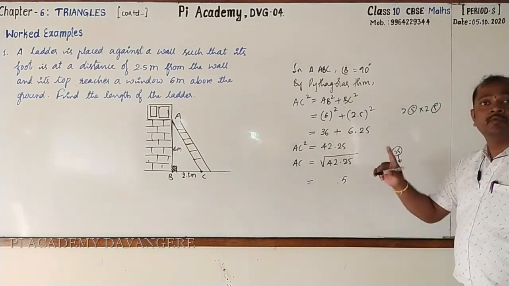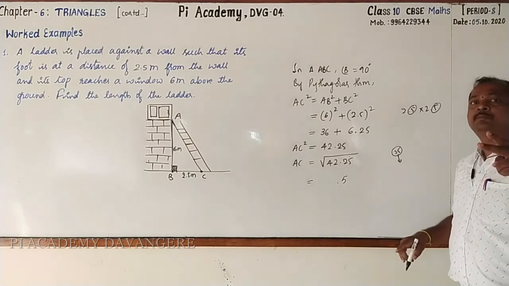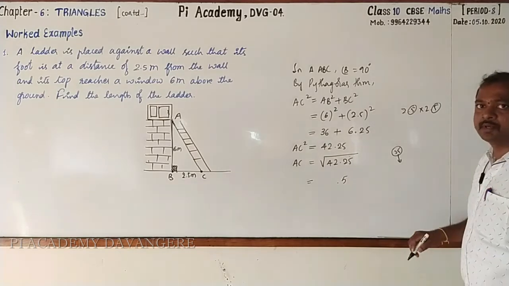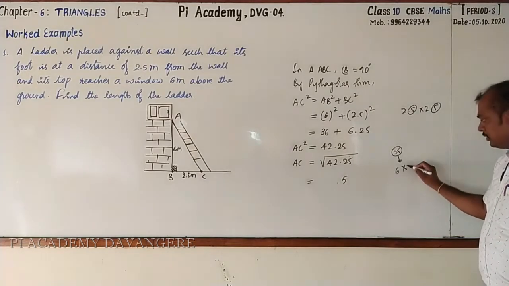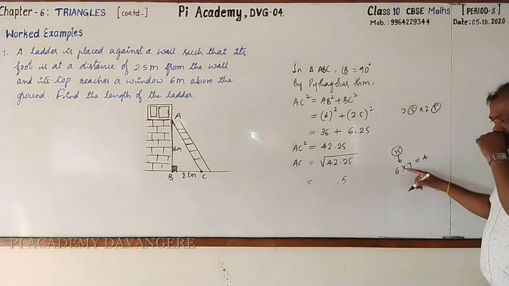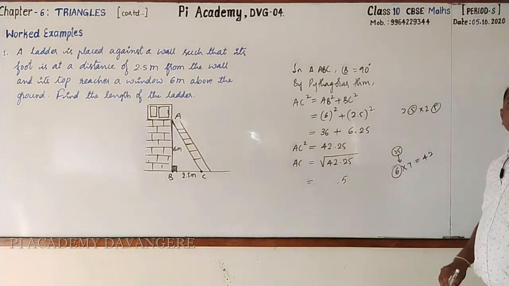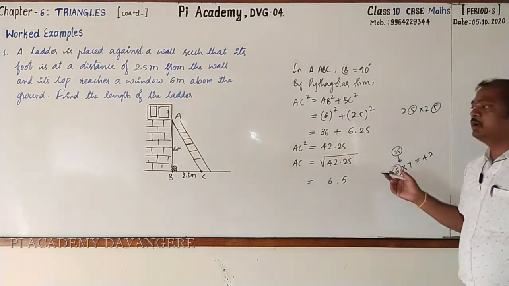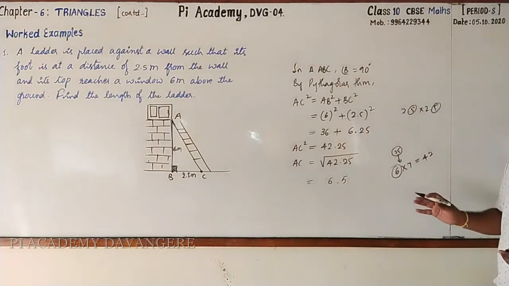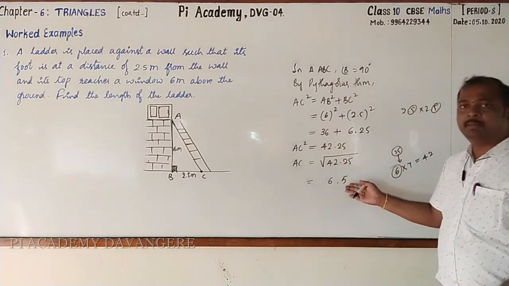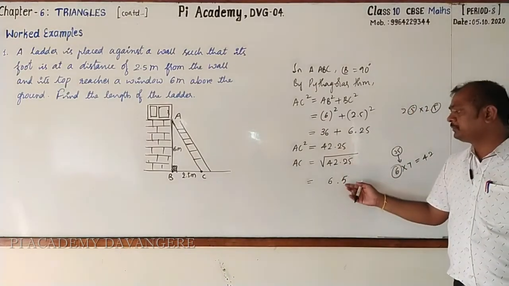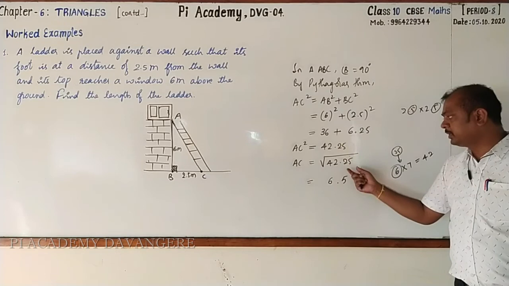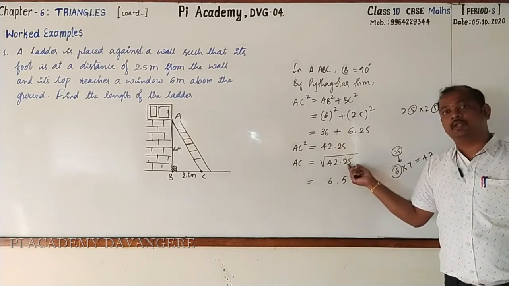Point. 42 is there. 42 is the product of two consecutive numbers. Can you tell? Very good. 6 and 7. That is, 6 sevens are 42. In that, the smaller one is 6. Hence, it will be 6.5. Did you understand? This is the method that we use to find the square root of any number which ends with 25.